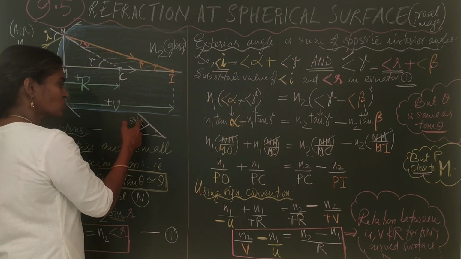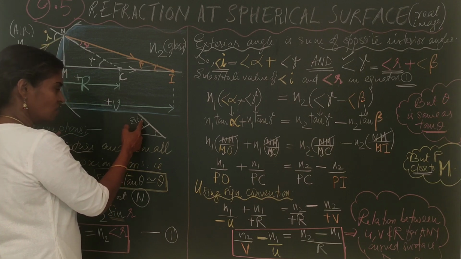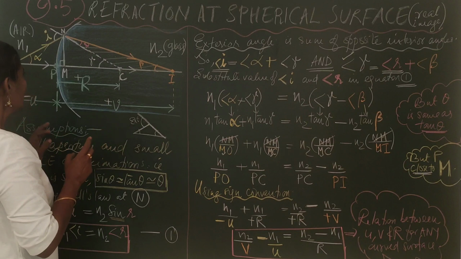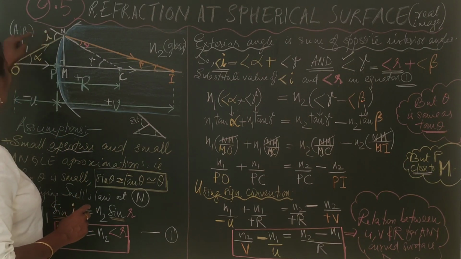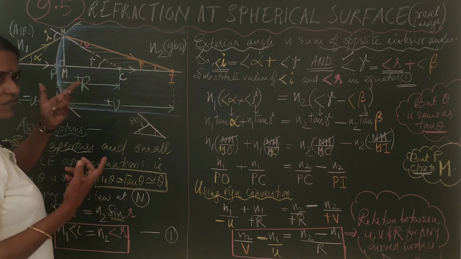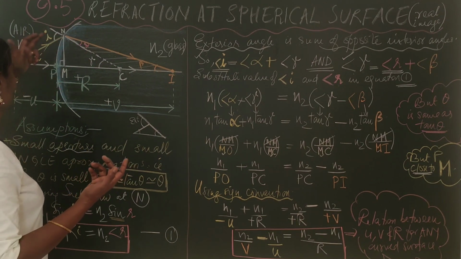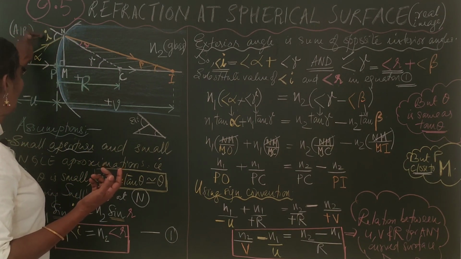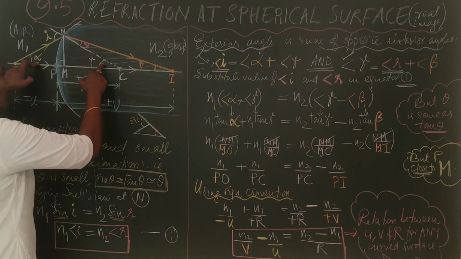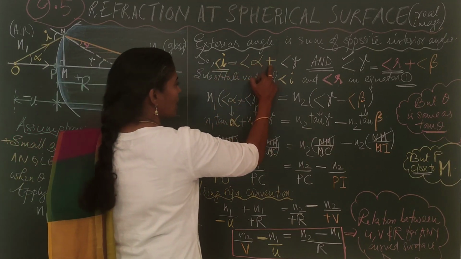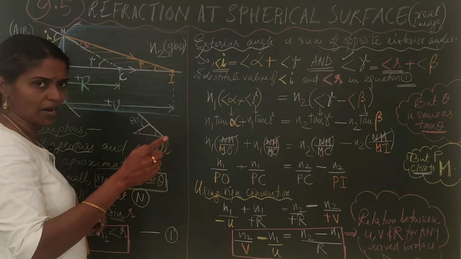So we say the exterior angle is the sum of the opposite interior angles. Likewise, from the figure it is clear, in triangle NOC, you have angle i equal to angle alpha plus angle gamma.